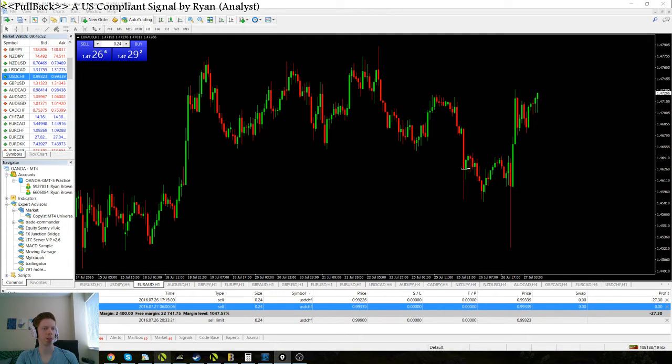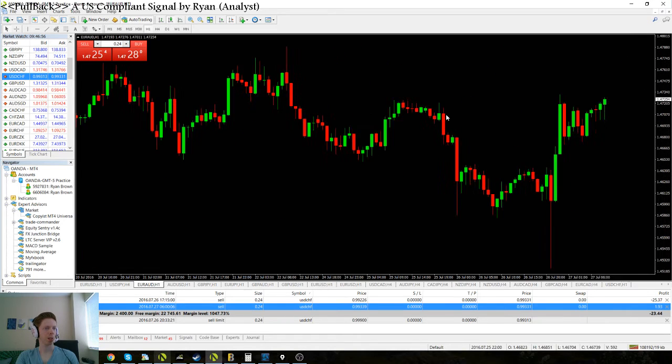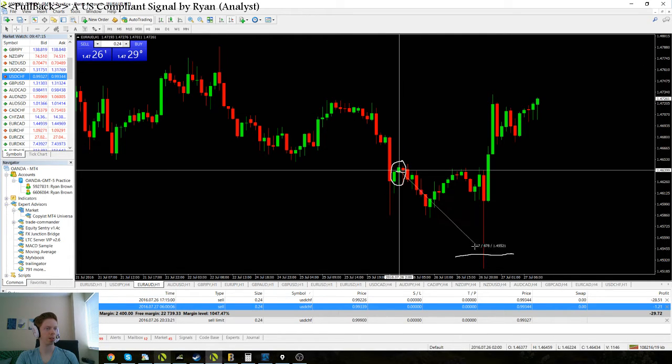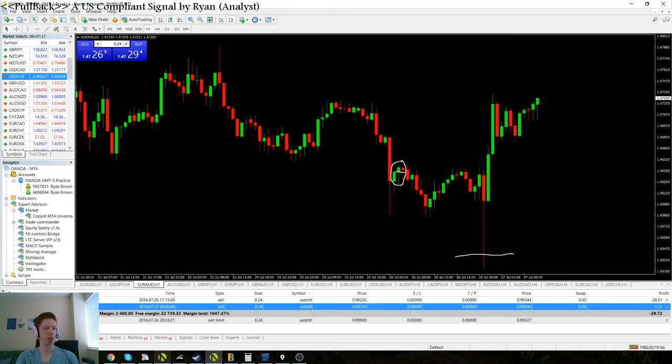Actually, wait one second. Let me zoom in. So I was in on the Euro Australian dollar during that statement. My position was here on this candle, and my second entry was down here. It's about 100 pips apart from each other, and I took profit roughly in this area.